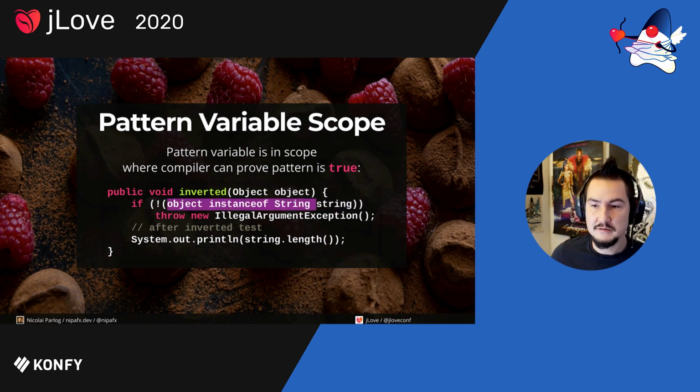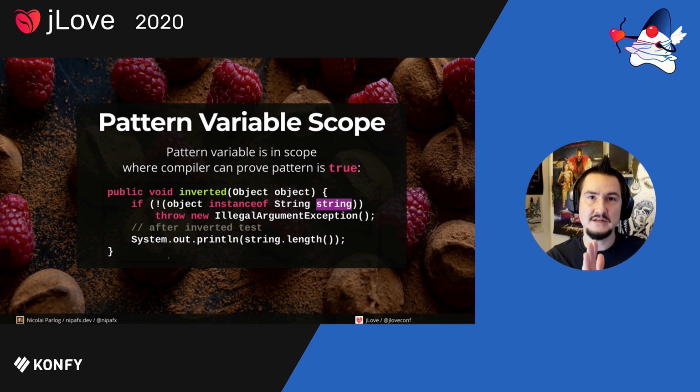So this part must have been true. And that means the compiler knows that object is indeed an instance of String, and that's why I can use the variable string. I mentioned that earlier. Wherever the pattern test was true, everywhere there the variable is in scope.